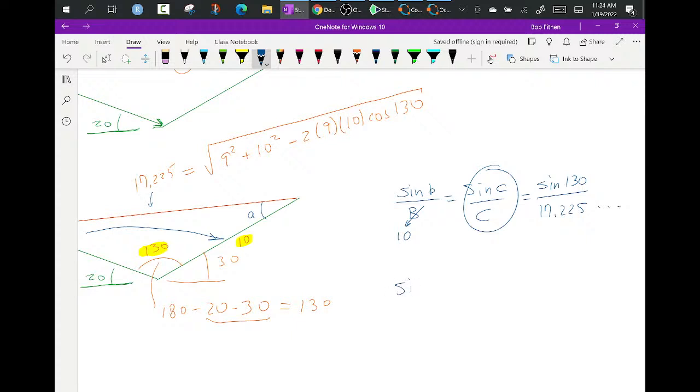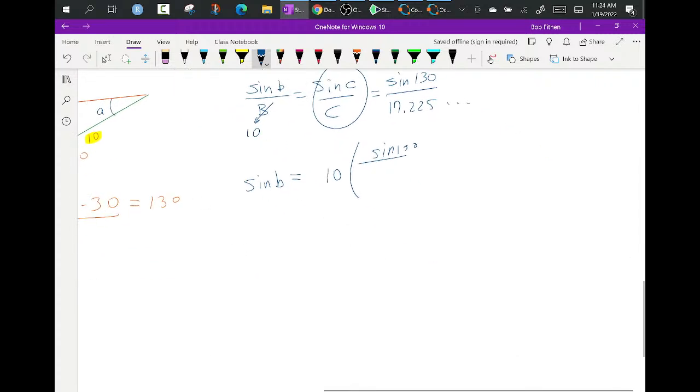So sine of b is equal to 10 times the sine of 130 over 17.225. Then I can just back this up and say the sine inverse of this would be equal to the angle B.